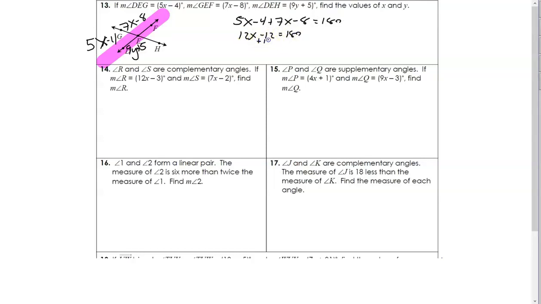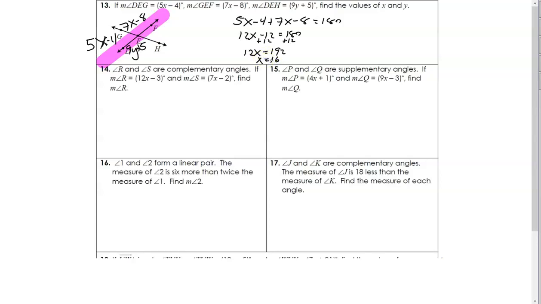When I add 12, I get 12x equals 192. And 192 divided by 12 is 16. So x equals 16.